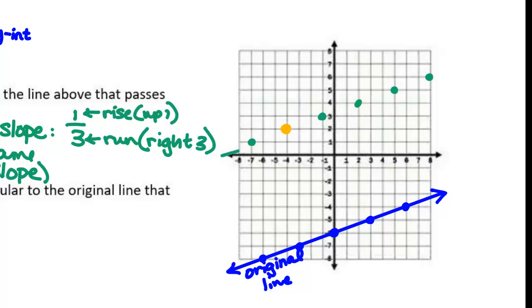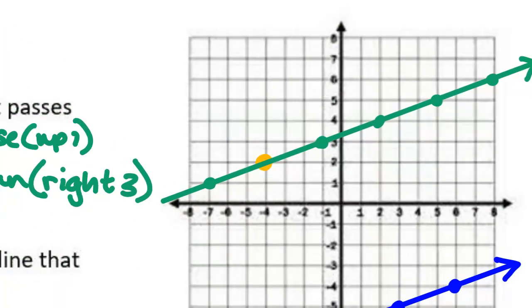Grab my straight edge, trace through my points. Does that look parallel? Does that look like railroad tracks with that original line? Yes, so I know I did this one correctly.